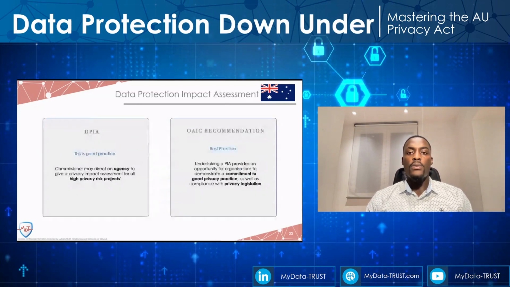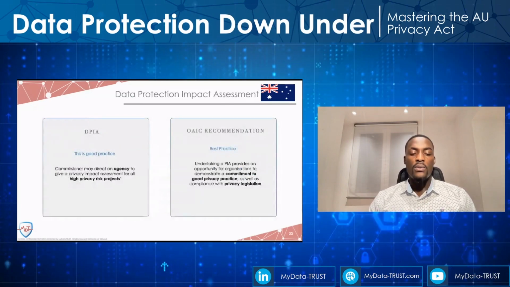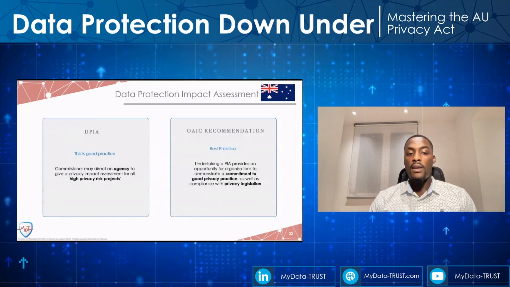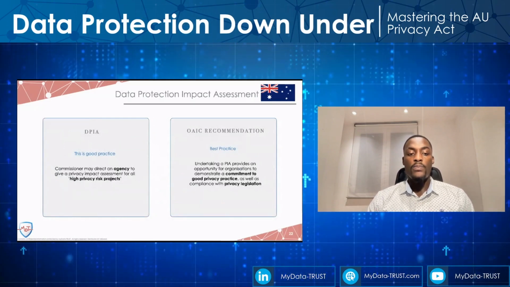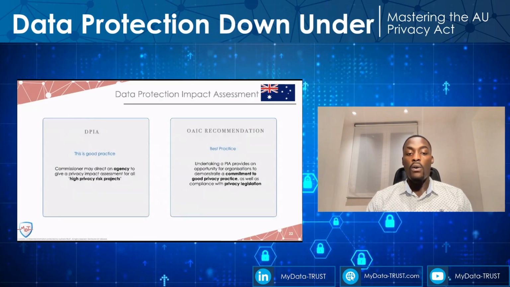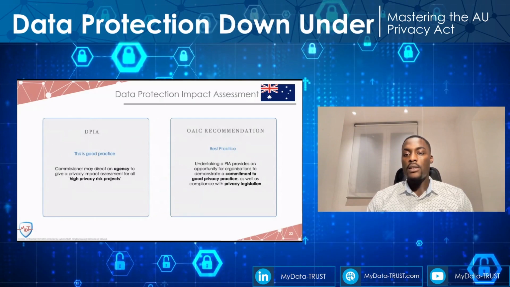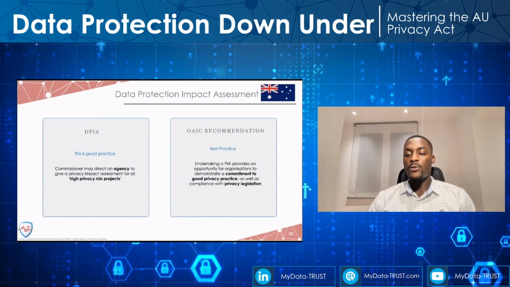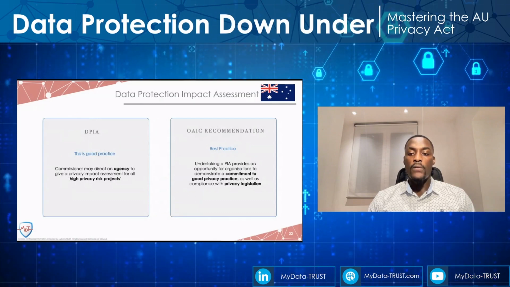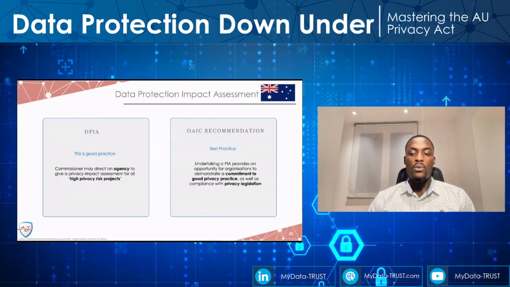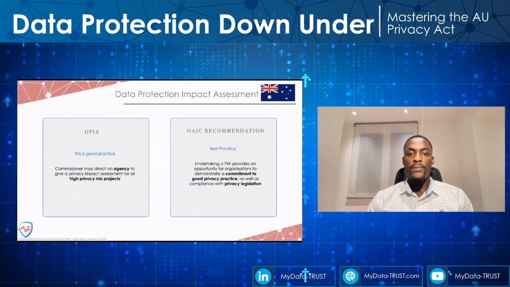When it comes to the data protection impact assessment, it's considered a good practice. The National Supervisory Authority may direct an agency or organization to perform a DPIA for all high-risk processing projects. And the National Supervisory Authority considers that it's a good practice and can be a demonstration of commitment to good practice as well as compliance with privacy legislation.